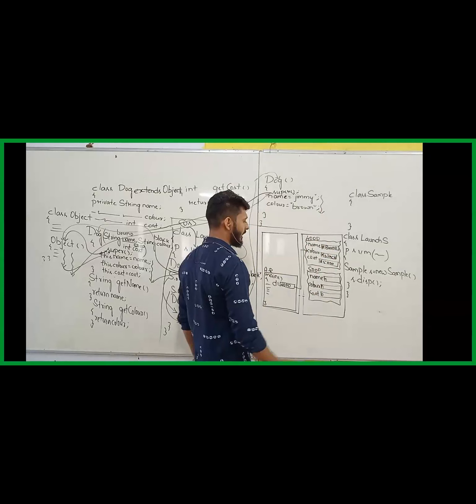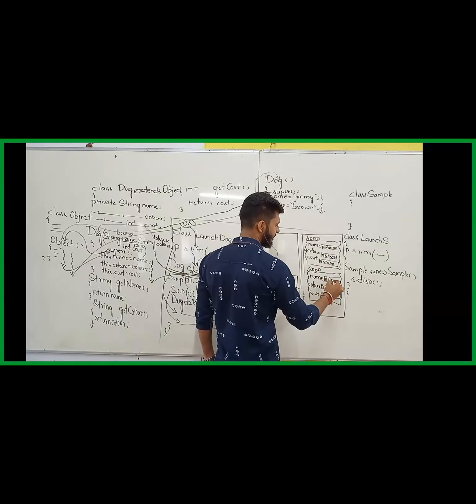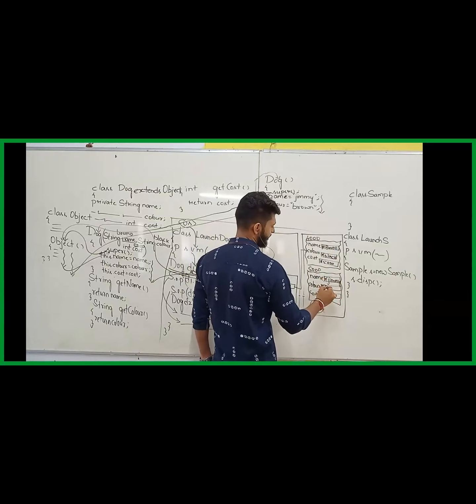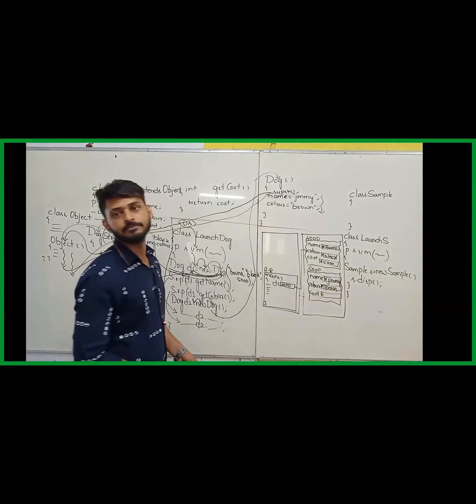Override the value of name, that is, it will get Jimmy, and then here I'll get brown. I'm not having two variables, right?